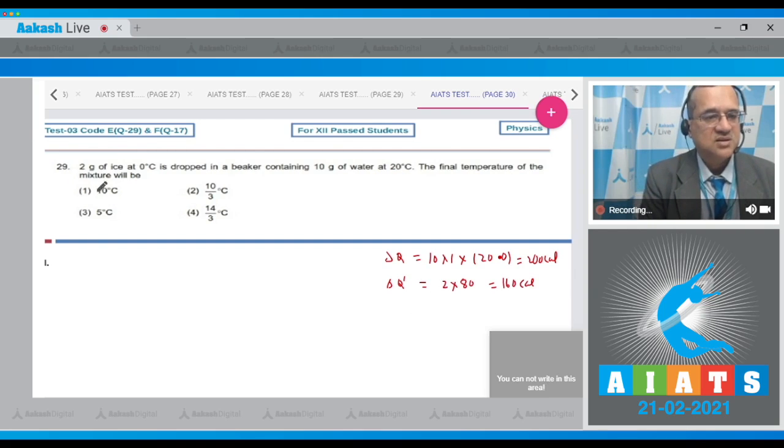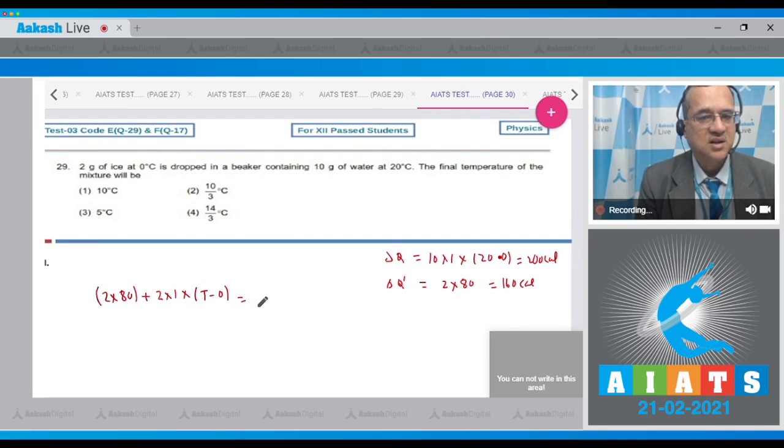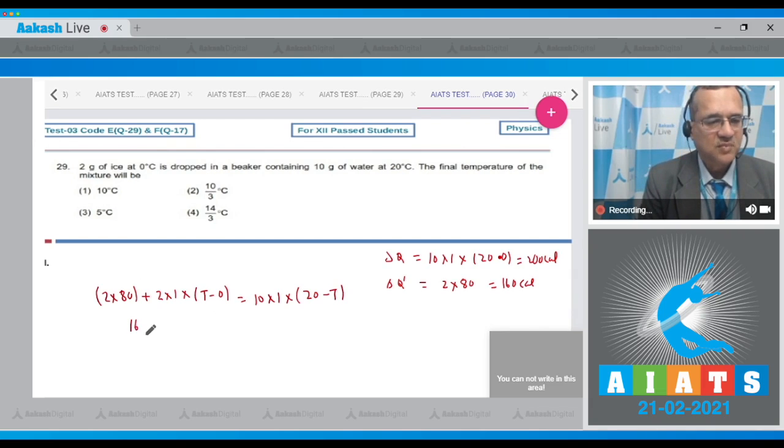So what happens? Heat gainer is the ice and heat loser is the water. For the ice: 2 gram, 2 into 80 for the latent heat of fusion first, then 2 into 1 into the temperature change, let it go to T minus 0. The heat lost is by the 10 gram of water: mass, specific heat and temperature change from 20 to T. So there's a heat gained and a heat lost. 160 plus 2T is equal to 200 minus 10T.